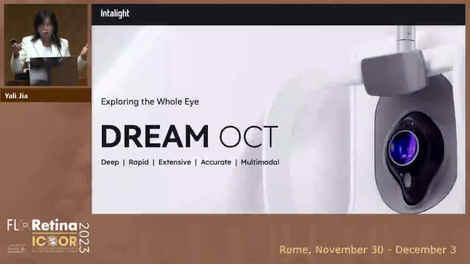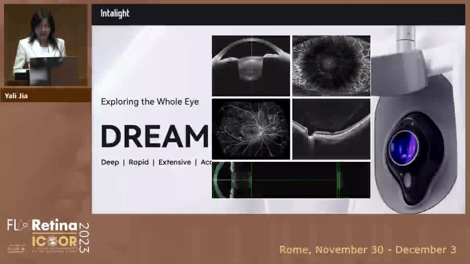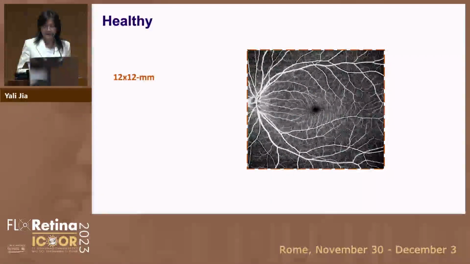Now we have a dream OCT, with everything achieved in the same modality. It can do biometry and anterior segment measurement, but today I just want to focus on the retina, the posterior segment. That's the image from my eye.